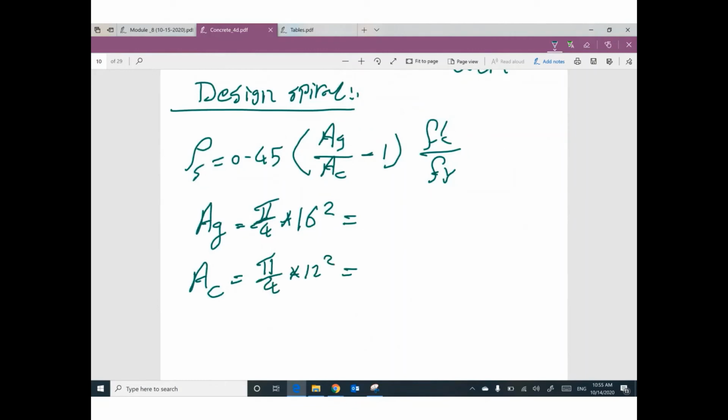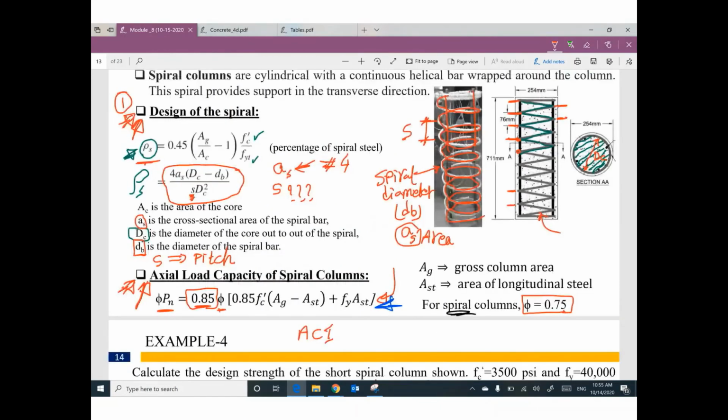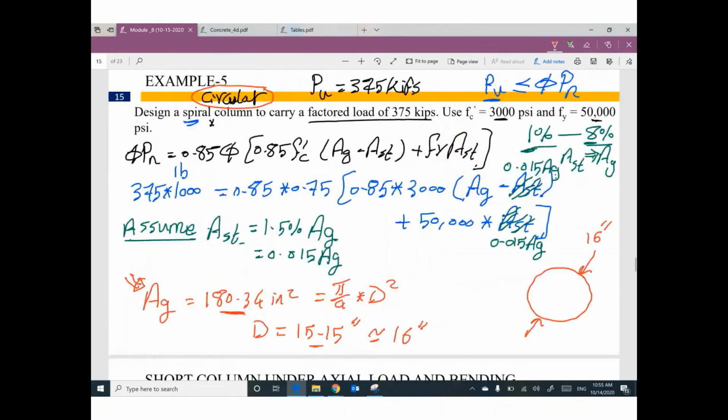The first value, 201. The second one, 113. Okay, go ahead and find rho S equals 0.45 times 201 divided by 113 minus 1 times f'c. I believe f'c, how much? 3,000 and 50,000.